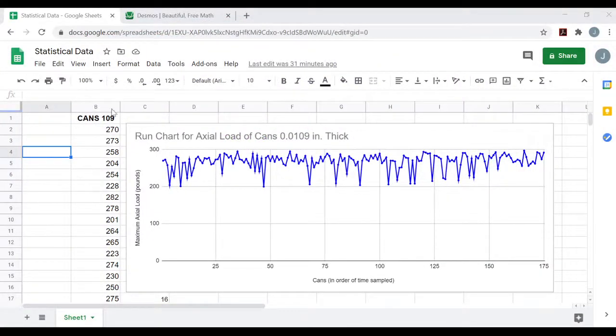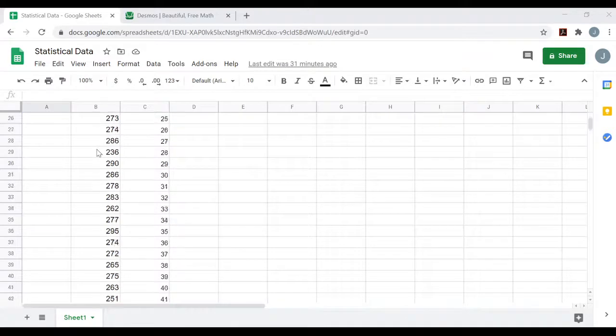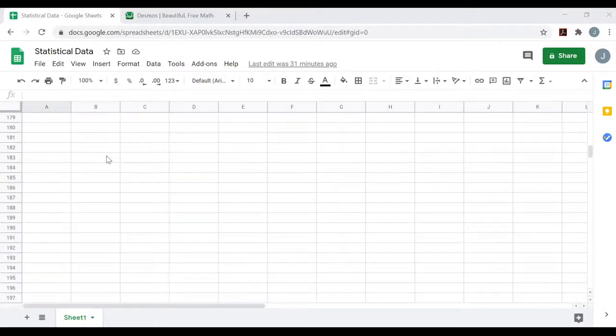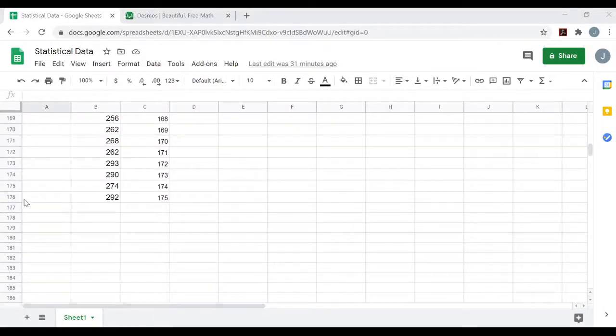All right, so here it says cans 109, that's the 0.0109 inches thick, and I have 175 measurements here. Ignore the second column, column C, that's just the number, number 55, number 56, number 57. Just look at column B. All right, so you see 175 of these. I know it says 176, but the top row said cans 109.